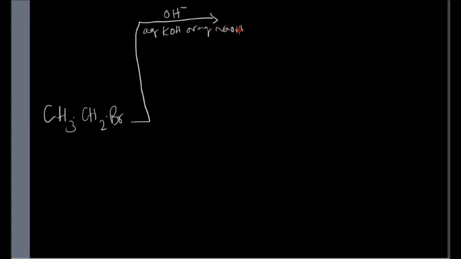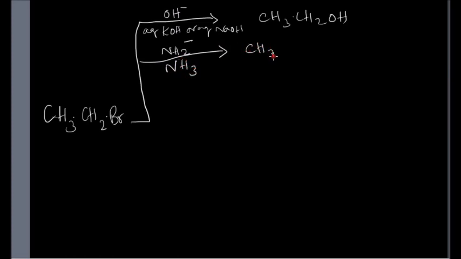And we already saw that this leads to the formation of CH3CH2OH, an alcohol. Next, I will take the nucleophile NH2 minus and the reagent is ammonia. So what should be the product? CH3CH2NH2, which is the primary amine.